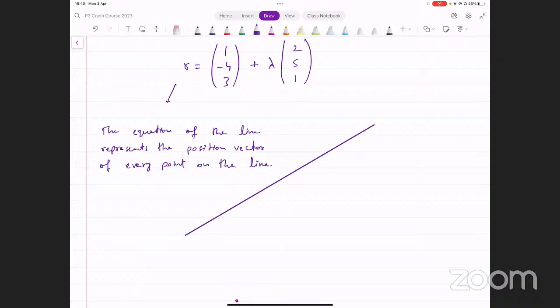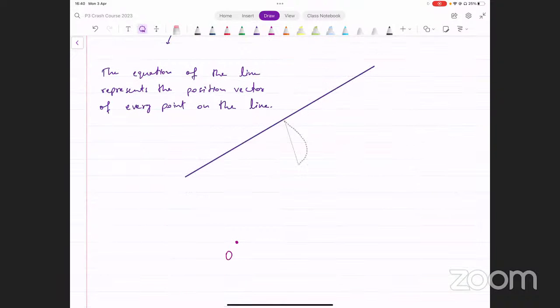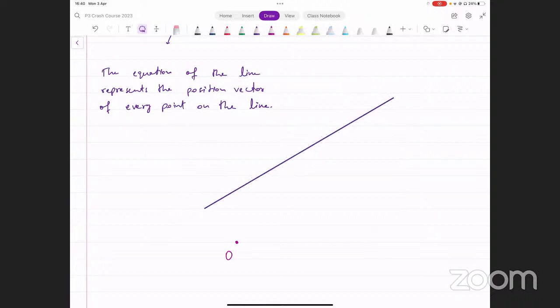Right? This line's equation should give us the position vector of every point on the line. Now, let's say this is what a line looks like. And this is where the origin is. What is position vector? It's the vector that joins the origin with that point.